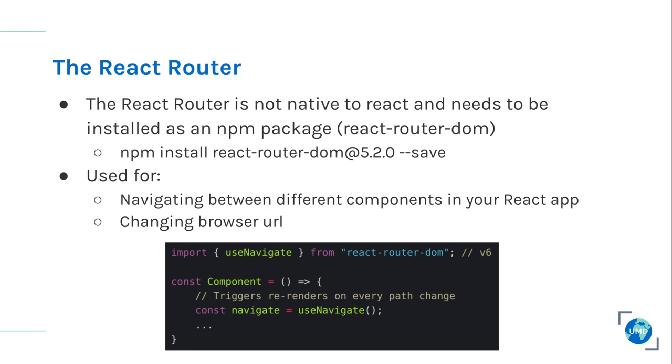The useNavigate hook basically helps you dynamically navigate between different pages and components. We'll talk more about how it's exactly used and why we use that in class on Tuesday. But for now, just to give you a high-level overview, here we have a component called component. Within that, we have a constant called navigate, to which we have initialized the useNavigate hook.